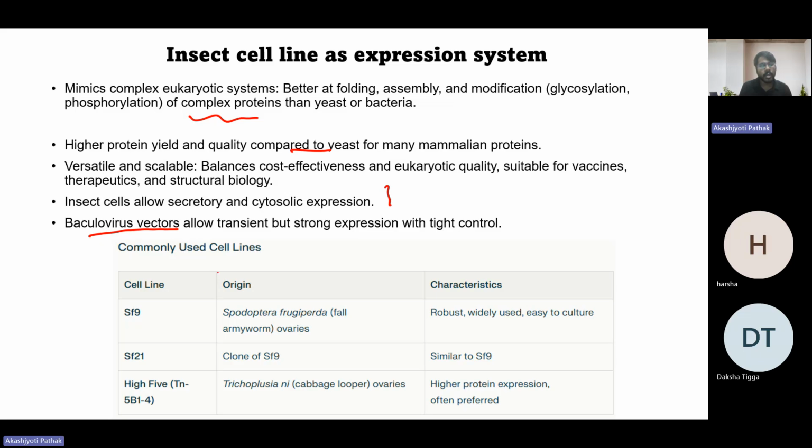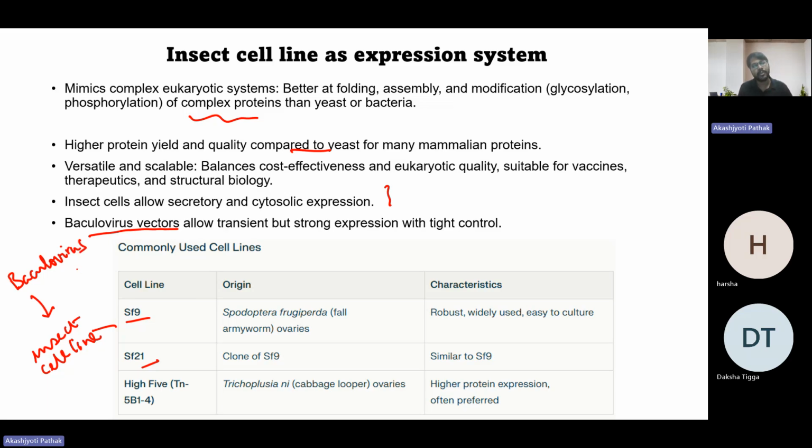What type of cell line is used? This is SF9, SF21. These are insect cell lines. You have to infect this insect cell line with baculovirus, and your baculovirus has your gene of interest.